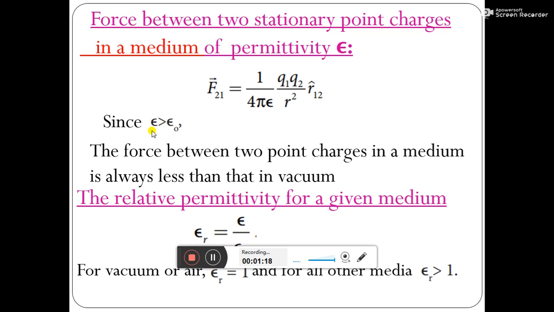We know that epsilon is always greater than epsilon naught. Therefore, epsilon r is always greater than 1 for all media except air or vacuum. Therefore, the relative permittivity for a given medium is always greater than 1, but for air or vacuum, the relative permittivity epsilon r is equal to 1.